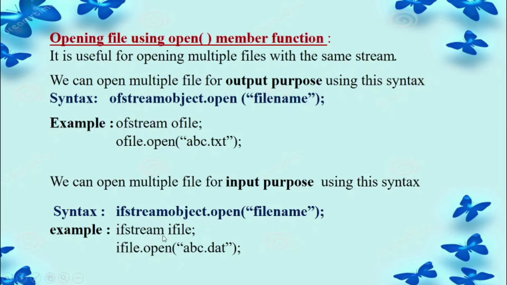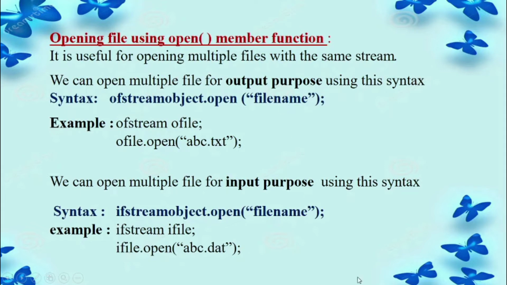The ifstream class provides all the input functions, using which we can read data from the file. The object name is ifile. Using ifile.open, that is the input object dot open, you specify the file name. This will open a file for reading purposes only, that is, we can only read the data in this file.